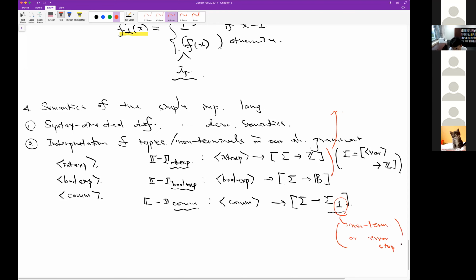But if you look at this semantics, the outputs of the integer expression and Boolean expression interpretations are just normal integers or Booleans. They don't have any bottom. What does this mean? This means that evaluation of all integer and Boolean expressions terminates and without an error. That's the assumption expressed in this denotational semantics.